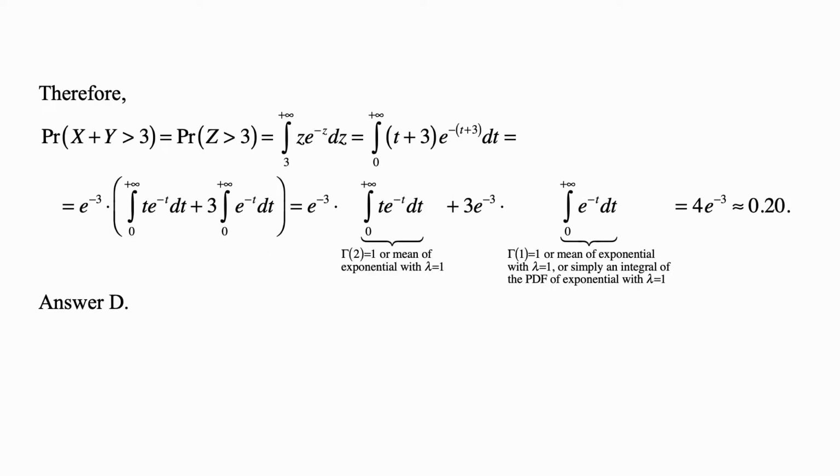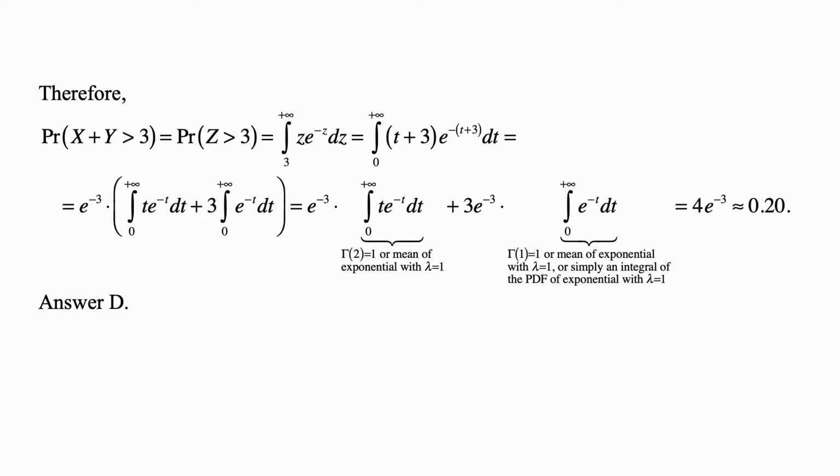Therefore, the probability that x plus y is more than 3 is the probability that z is more than 3, which is the integral of the density from 3 to plus infinity. I just changed the variable, calling z equal to t plus 3. So it's the integral from 0 to plus infinity of (t plus 3) times e to the minus (t plus 3) dt.